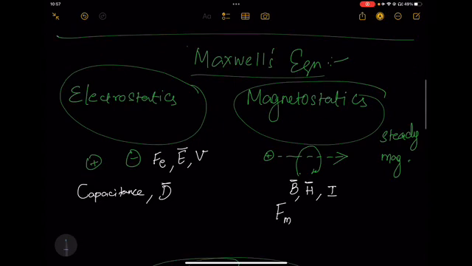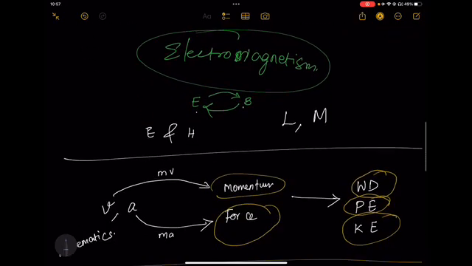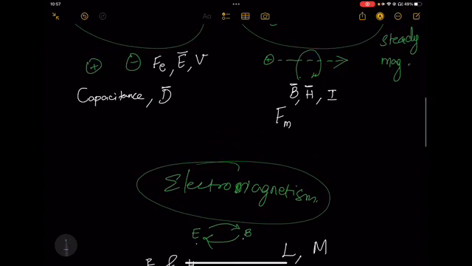Maxwell's equations are a consolidated set of 4 to 5 equations which compile all the electrostatics ideas, magnetostatic ideas and electromagnetism ideas. So 2 equations in each case. And then we are interested in 2 particular components, capacitance and inductance.